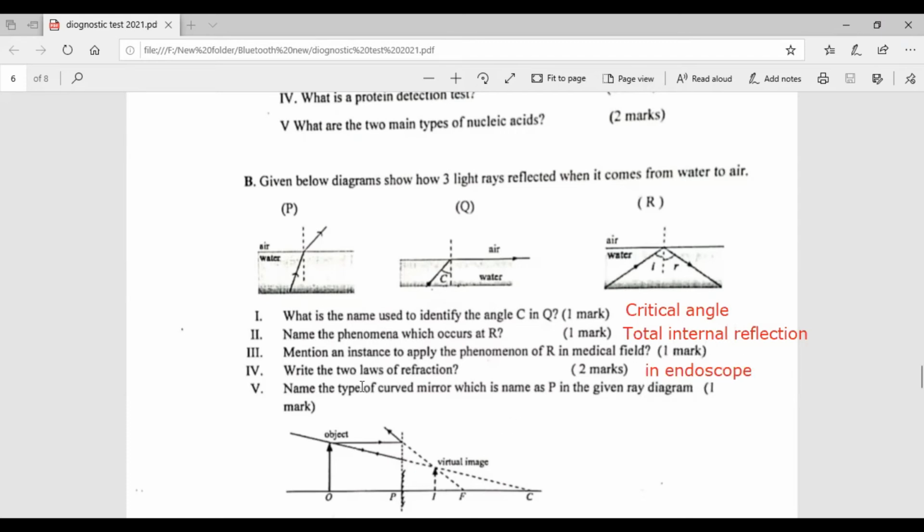Right? The 2 laws of refraction, they ask about the refraction laws.